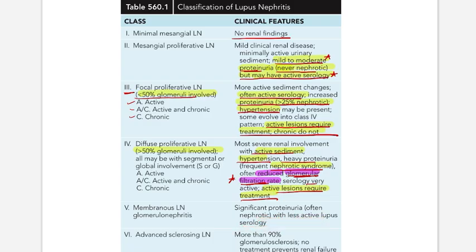Very important. In this condition, lupus serology is less active. Just remember this: lupus serology is less active and there is significant proteinuria of nephrotic range.